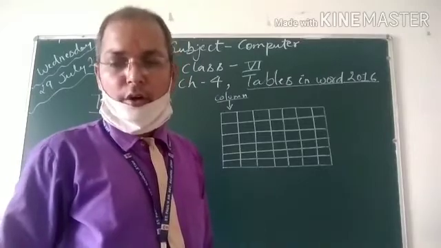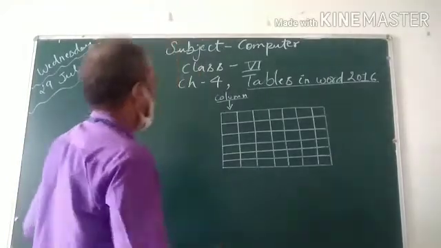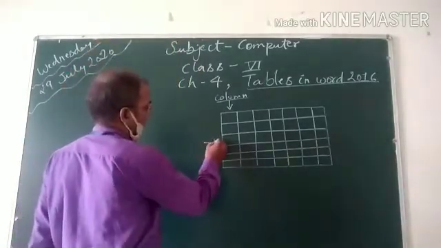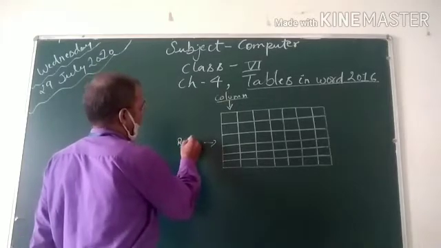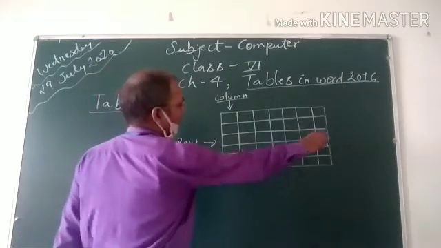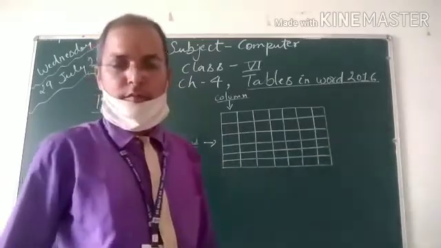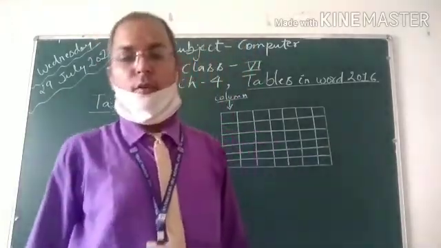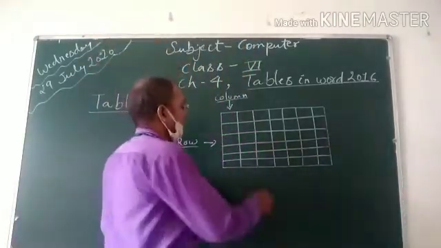And the horizontal division is called a row. The intersection of a row and column is called a cell.